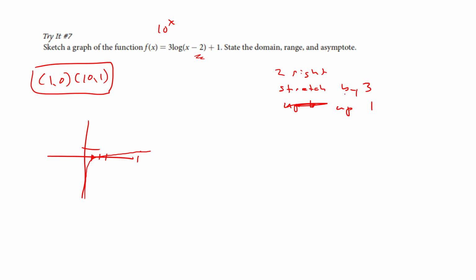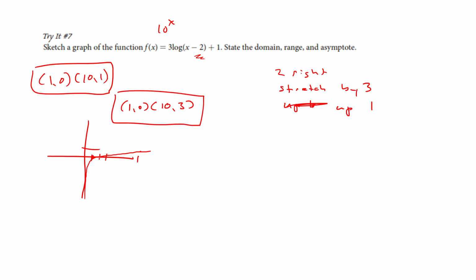So the stretch is multiplying all of the y values. So if these are my initial points, my new points are going to be 1, 0, because 3 times 0 doesn't change anything, and 10, 3. So you're only multiplying the y. You're only multiplying what comes out of the function. So x goes in just like normal. You multiply it by 3. So here are my new points after I stretch it, right here, and then we go up 1.